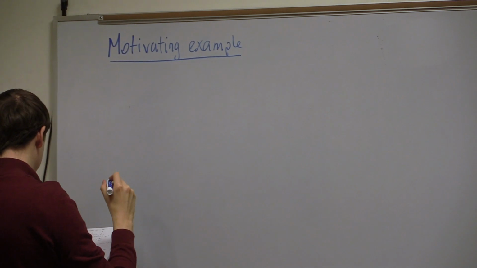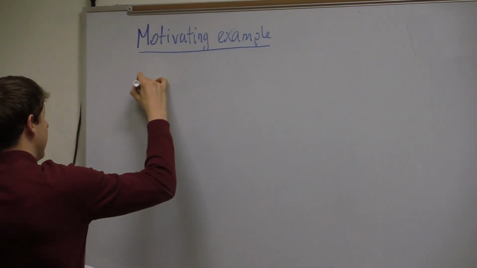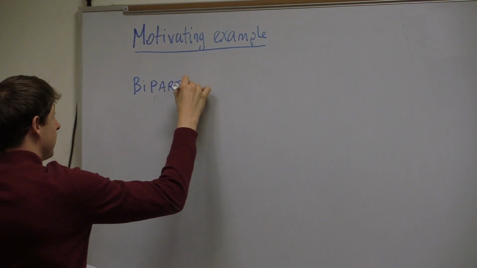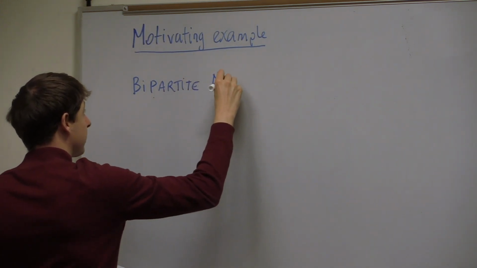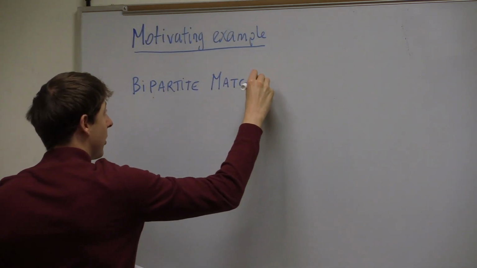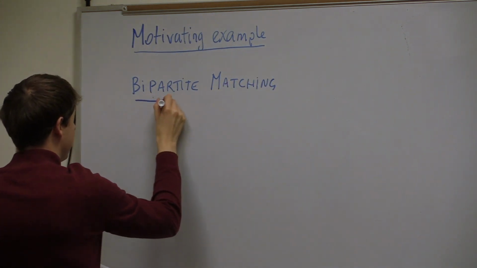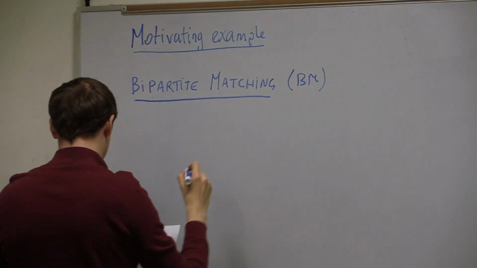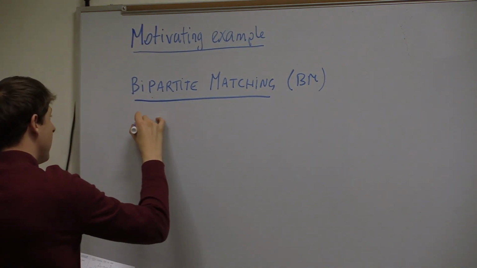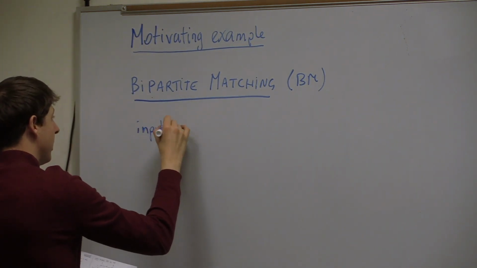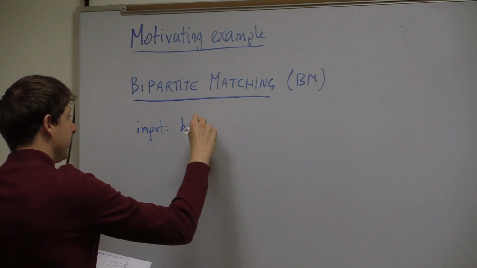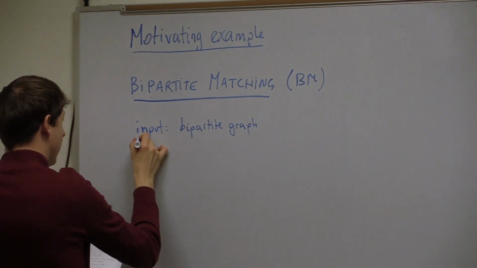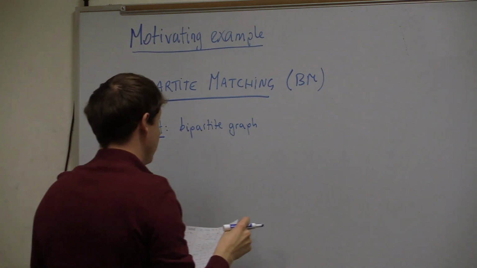And we're going to study the problem of bipartite matching. It's a combinatorial problem defined on graphs. So specifically, we're given as input a bipartite graph. So what is a bipartite graph?